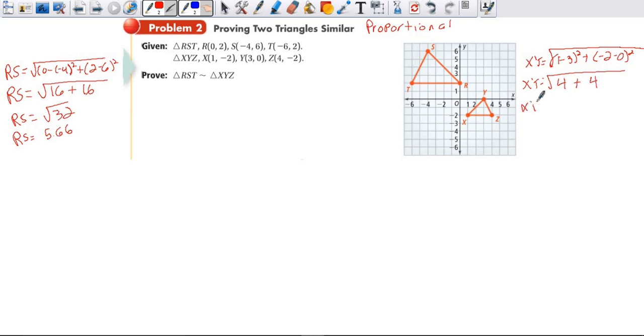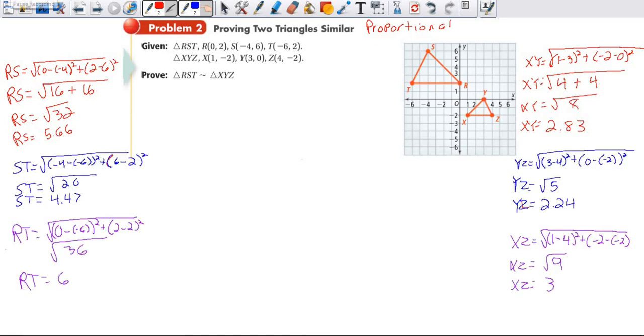So we get that XY equals the square root of 8. Now we can go ahead and turn that into a decimal, and XY equals 3.61, or excuse me, sorry, that's wrong. I was looking at the wrong problem there because that was one from before. It's actually 2.83, excuse me. All right, so here I'm going to pause it. I'm going to do the distance formula for the other 4 sets of sides, and then we'll compare them here briefly.